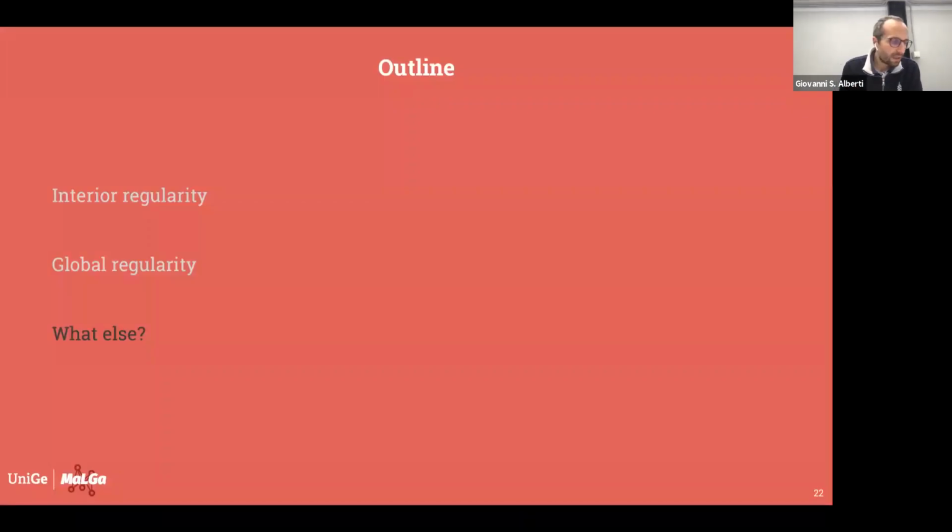All right, so I think I have a few minutes left. Let me mention what can be done in addition to this, because so far we just saw interior and global regularity results for either H1 or C^{0,alpha} estimates, possibly also with higher regularity.